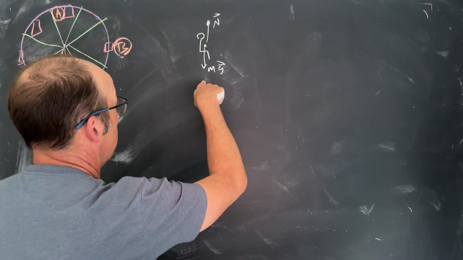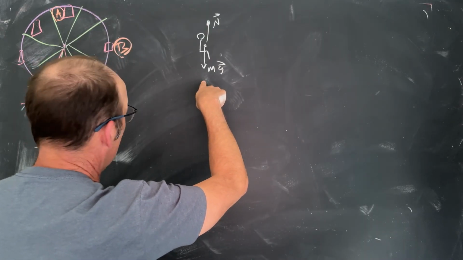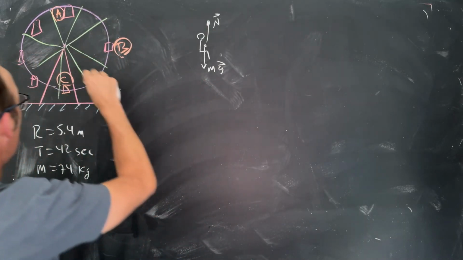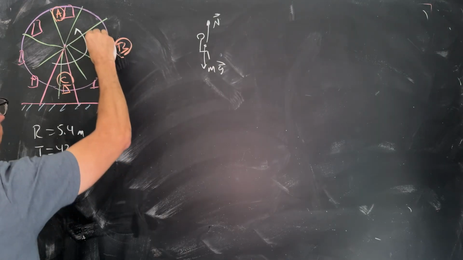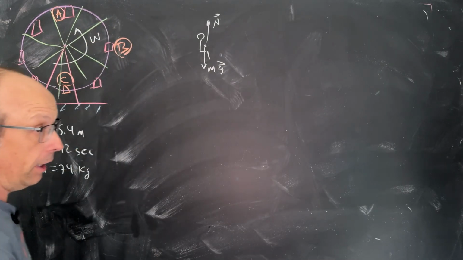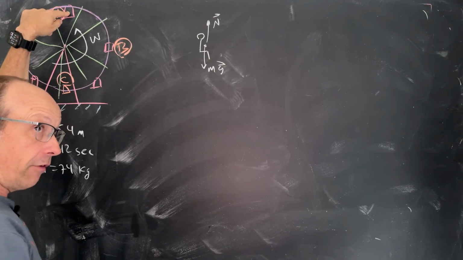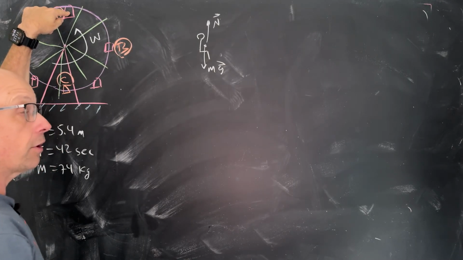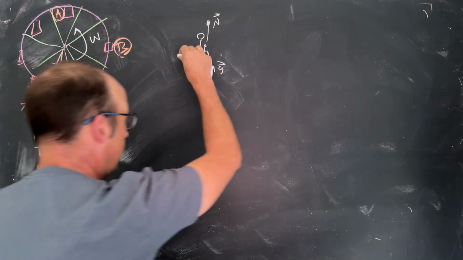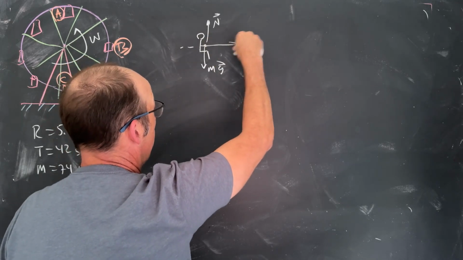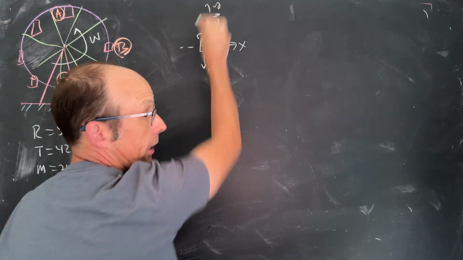Okay, so at A, is the person accelerating? Well, let's say the wheel is moving with some angular velocity omega that way. Then at the top, they are indeed accelerating because they're moving in a circle. So there will be an acceleration. Let's pick our coordinate system. Let's say this is x, and that's y.